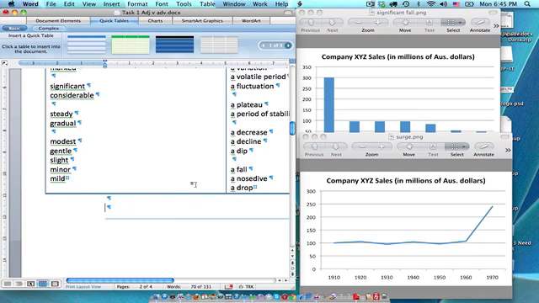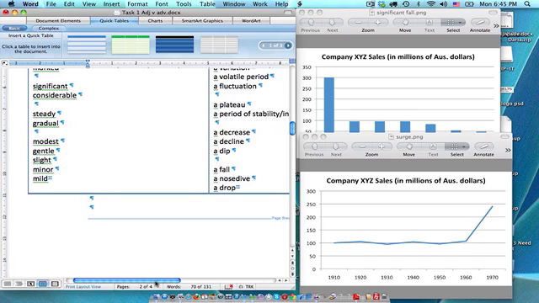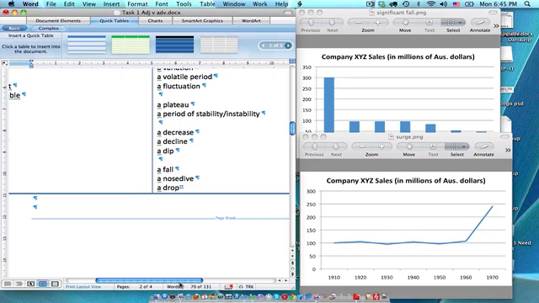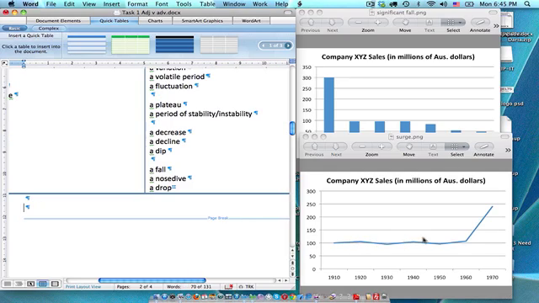Okay, so now let's start by describing our chart that shows sudden upward movement in 1960. So we could start by describing this period in here, 1910 to 1960, like this.